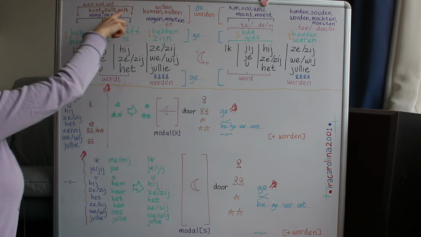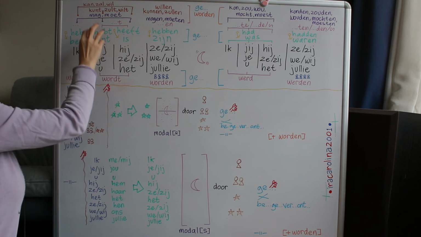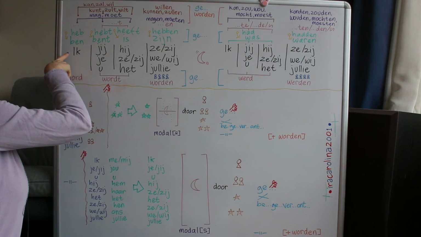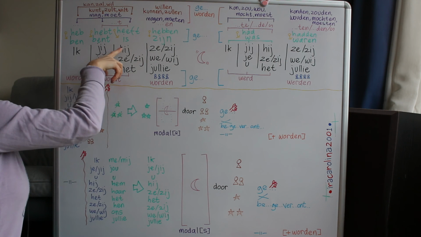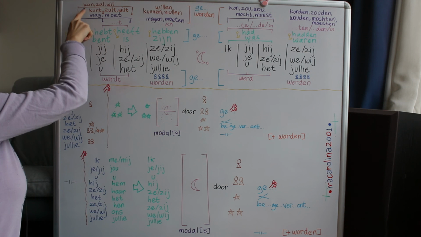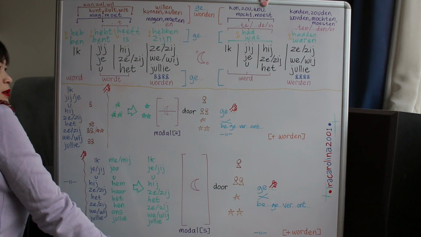These three work for this column, and for the others that consist of one, let's say ik, hij, ze, zij, het, we use kan, zal, will.